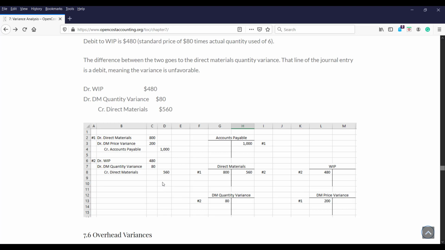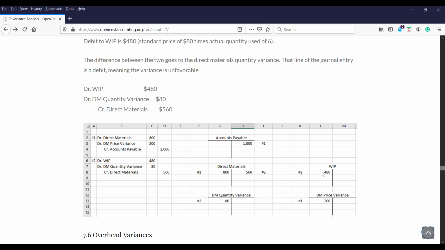That reflects the extra 3 ounces at $80 per ounce that we bought but did not use this period. So this is the direct materials account. If we got the ending trial balance of this, it would be a $240 debit, which reflects the value of those units.